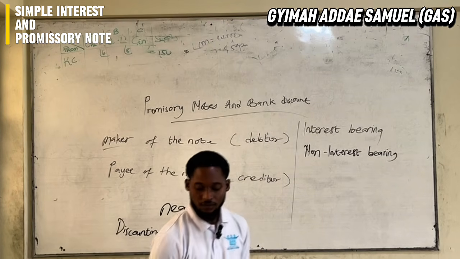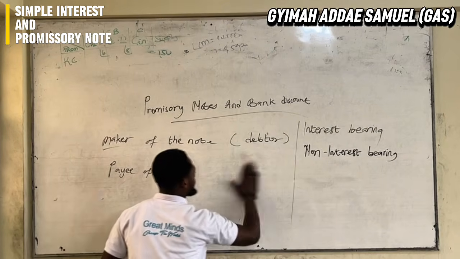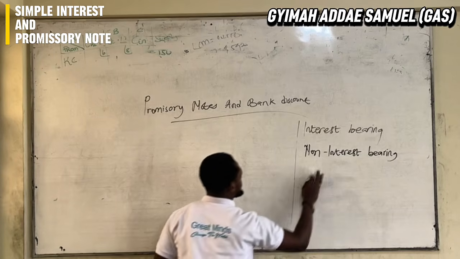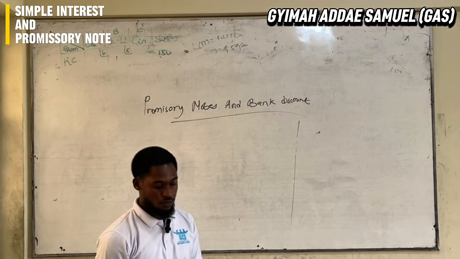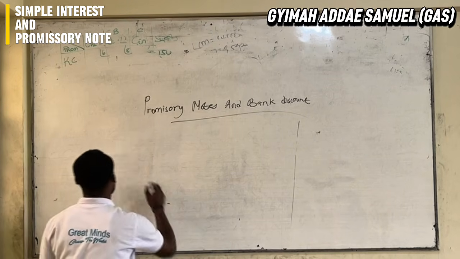So I'm stating some formulas here when it comes to the bank discount. When we talk of bank discounts, it follows these formulas.